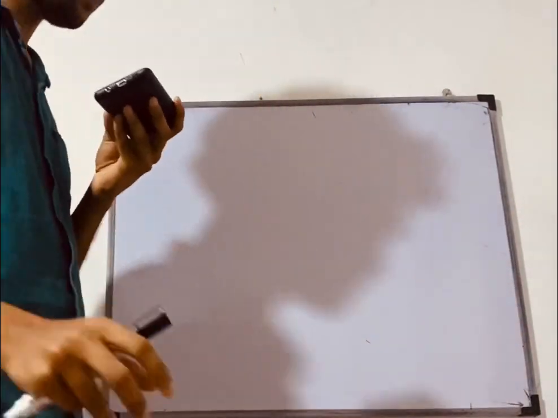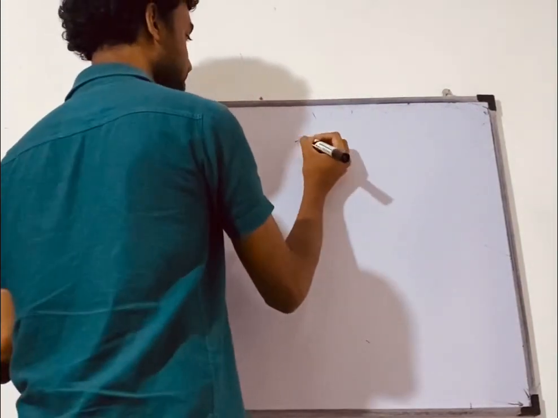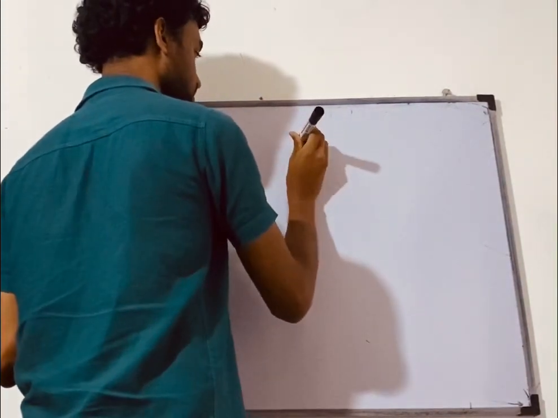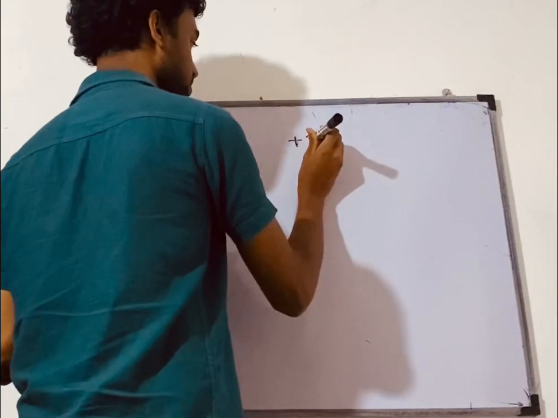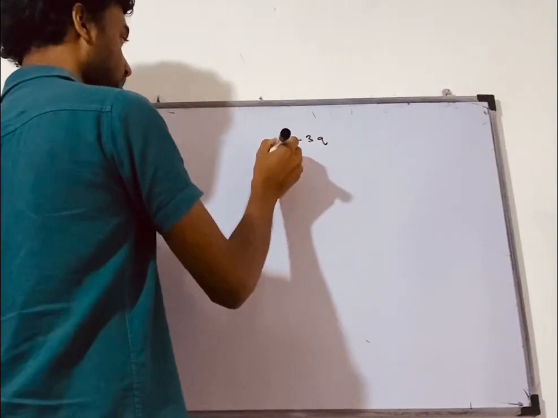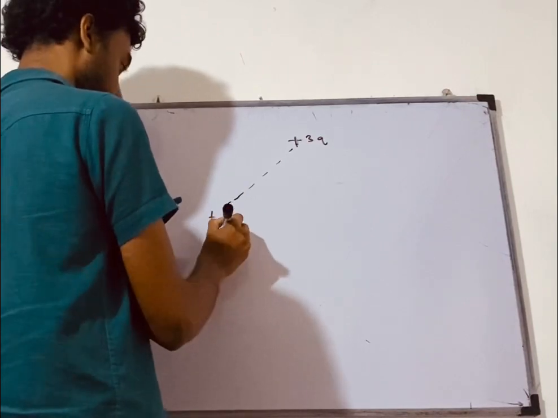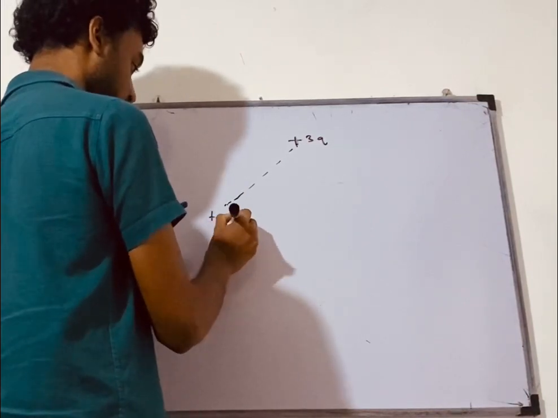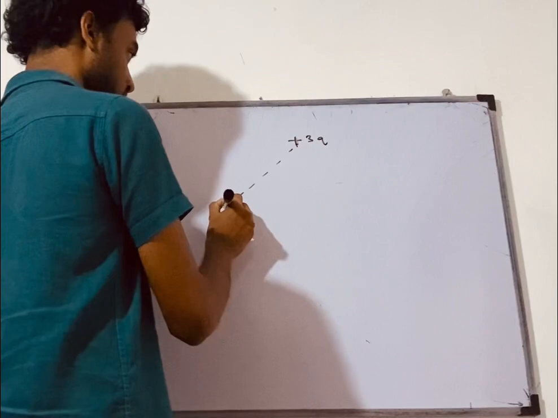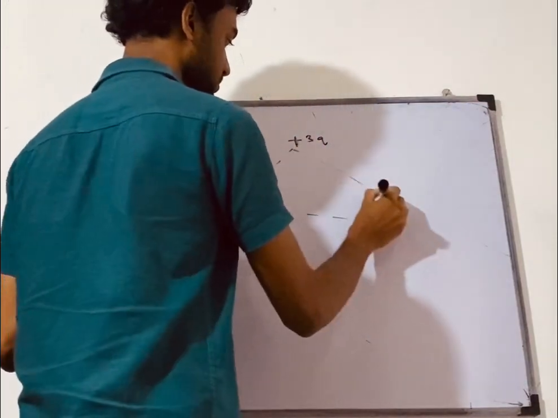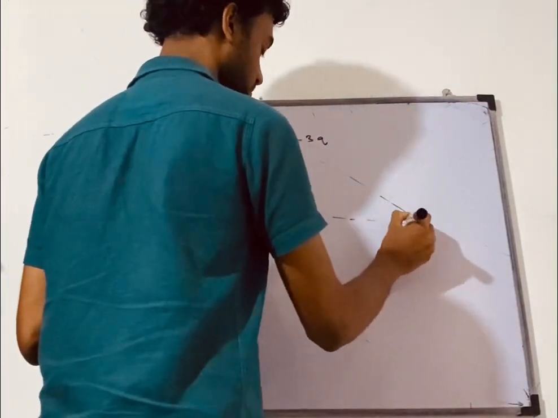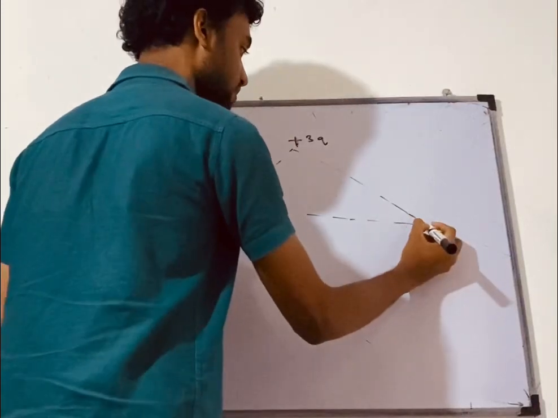So let's see. I have plus 3Q here, and I have plus 4Q here, and I have minus Q here.